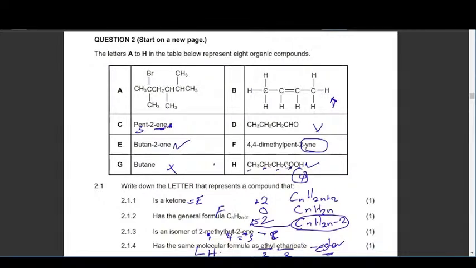The longest chain is 1, 2, 3, 4, 5, 6. Single bond throughout. Yes. So it's 1, 2, 3, 4, 5, 6. So it's going to become hexane. Let me do it like this.